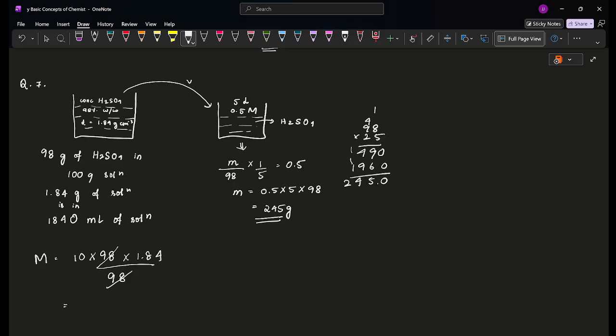But why is it 18.4? It's most likely not going to be that because molarity won't be that huge, by the way. There is something in it. Okay, moreover, that is gram per centimeter cube. So it means like this.